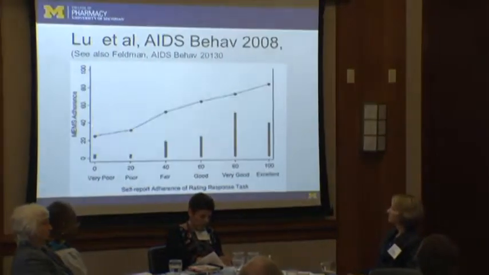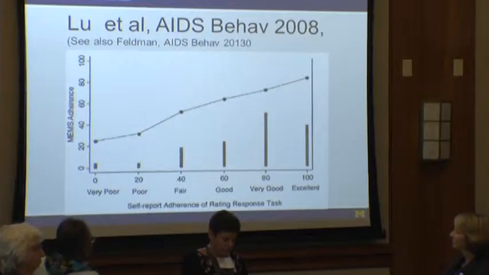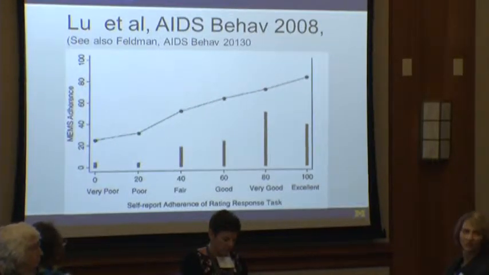I get it. But what these data show is that among these 100 and some odd people, when you ask them to self-rate over the past month, this is the line that they drew that shows the correlation with their MEMS caps openings. That's a pretty nice line, folks.